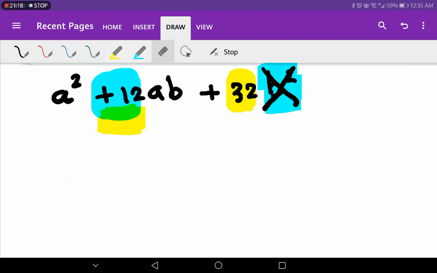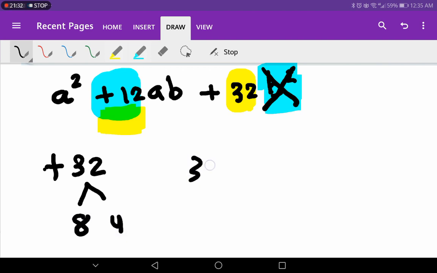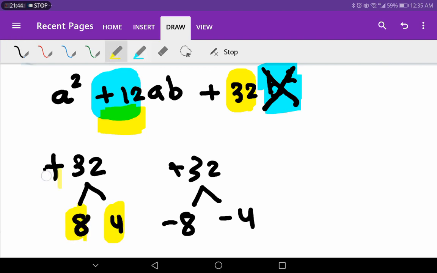Okay, let us look for factors. I'm looking for positive 32. Remember that. It comes from 8 and 4, and the positive 32 also comes from negative 8 and negative 4, because 8 multiplied by 4 equals positive 32, and also negative 8 multiplied by negative 4 gives me positive 32.